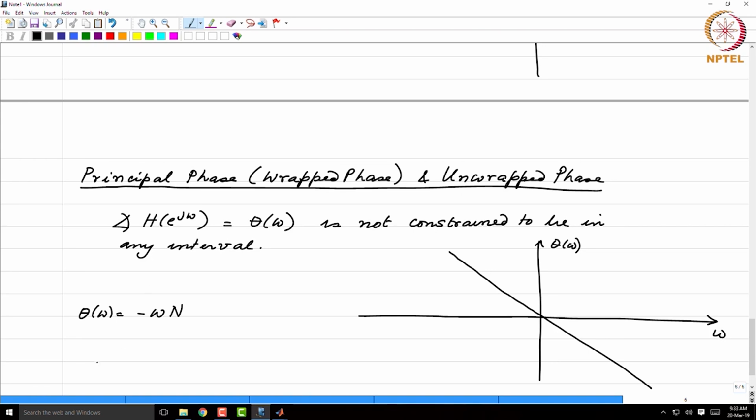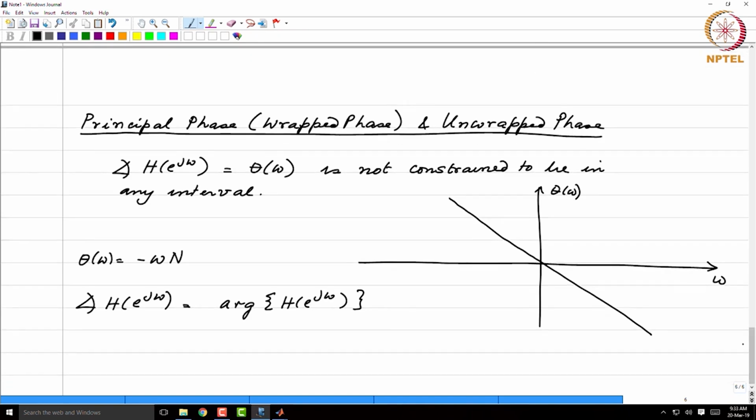And another notation for the angle of H of e to the j omega, which I have mentioned before, is ARG, which stands for argument, and this is not constrained to lie in any interval.